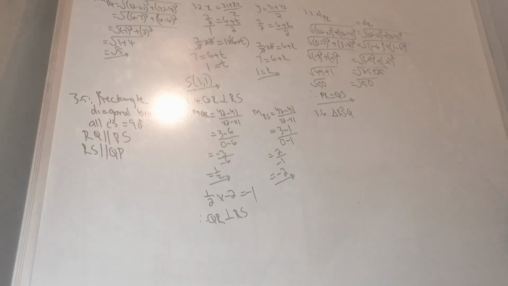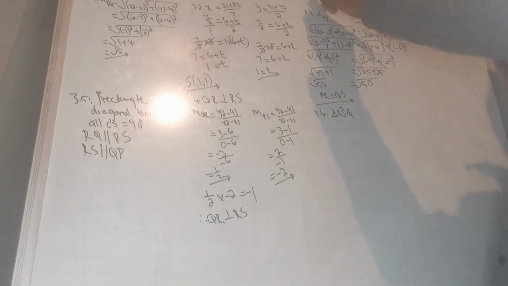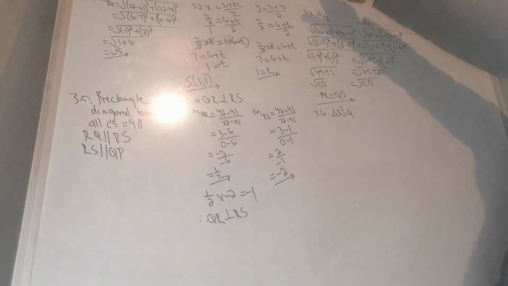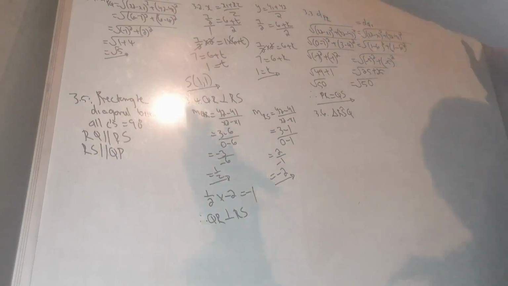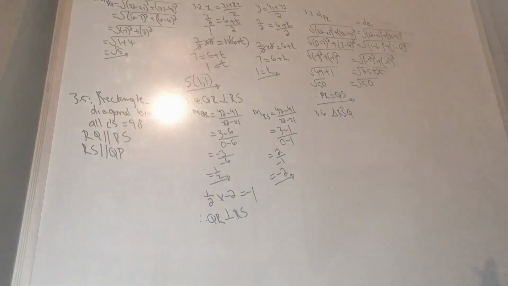In triangle RSQ, about the angle R, QR is perpendicular to RS because it forms an angle of 90 degrees at R. So how do I find the size of angle S?